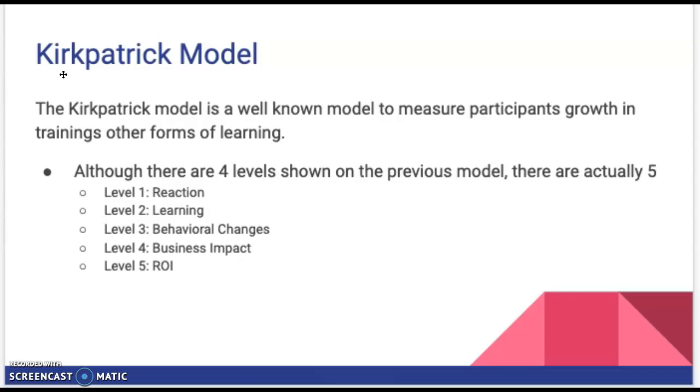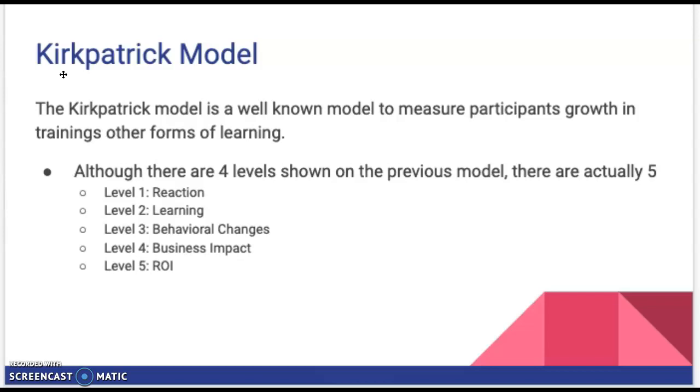So there are 4 levels shown in the previous model illustration, but like I said earlier, there are actually 5. The first level is a reaction, so a reaction to what is being taught. Level 2 is learning, what the participants or the students have learned from the new model or the new information. The third level is the behavioral changes. So how the new information is changing their learning or changing how they're acting in the environment.